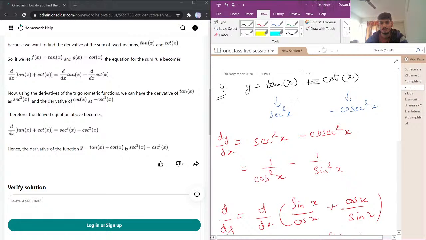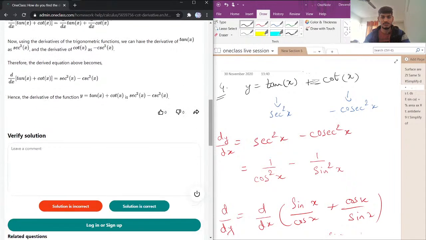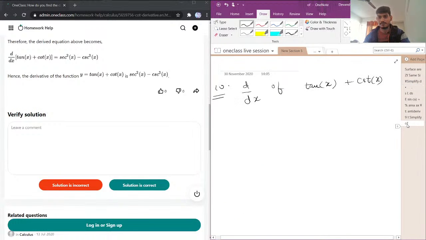So secant square x minus cosecant square x. The solution is, I'll just write the direct answer. dy by dx is secant square x minus cosecant square x.